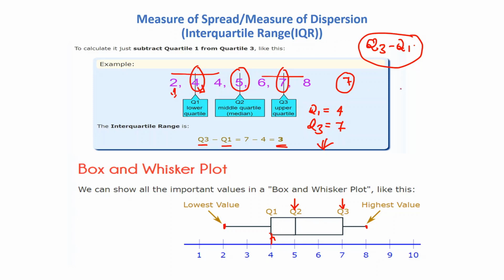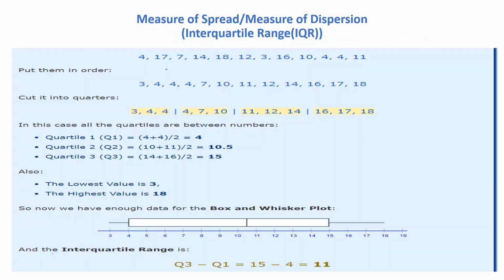We have discussed the case when the data set is odd. Now we will discuss the interquartile range when the data set is even. The total data set is equal to 12. We have 1, 2, 3, 4, 5, 6, 7, 8, 9, 10, 11, 12.